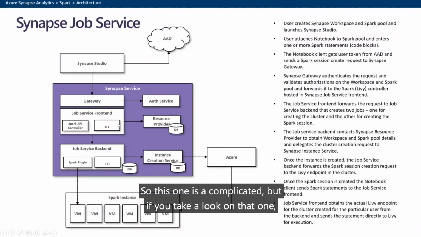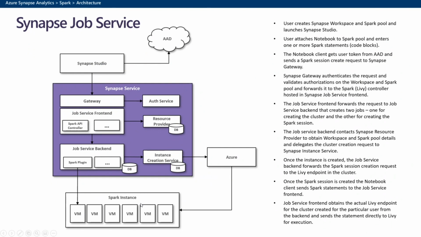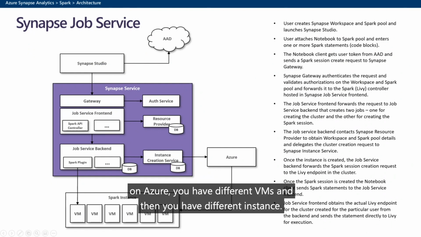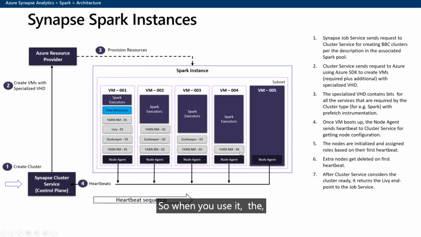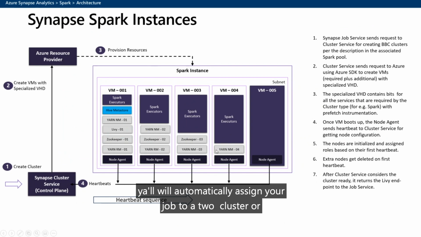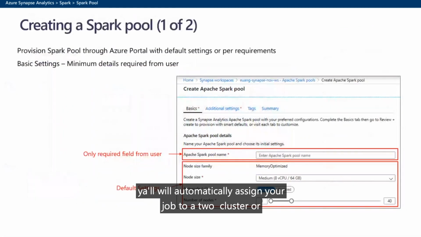This one is complicated, but if you take a look at it, there's nothing special, just like you're building a Spark pool on Azure. You have different VMs and different instances. When you use it, YARN will automatically assign your job to an available cluster or instance.